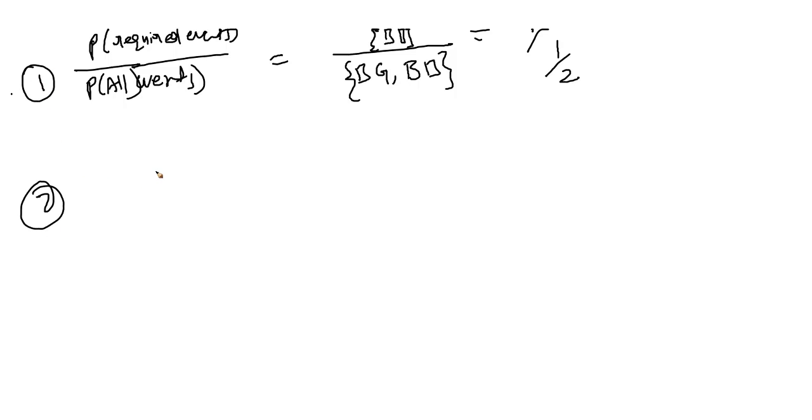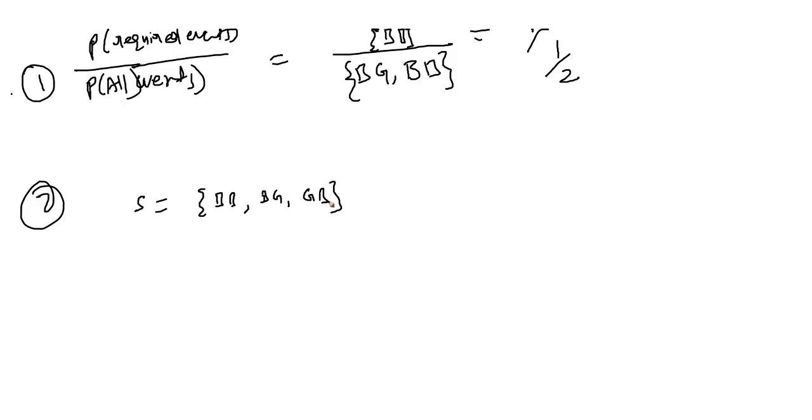The second problem doesn't talk about the older one, it just says one of them is a boy. What is the probability that both of them are boys? In this case, what is the sample space? You can have boy-boy, boy-girl, or girl-boy, right?